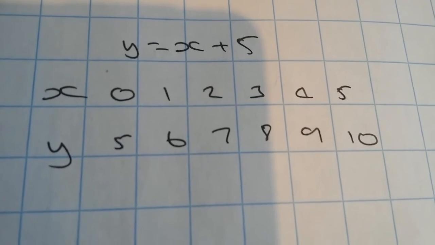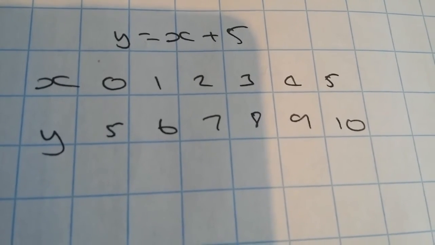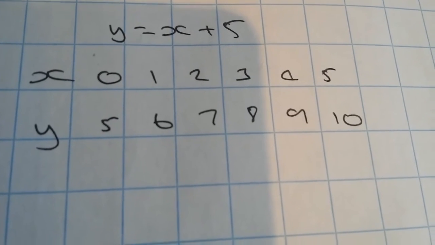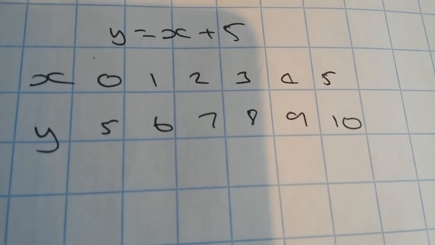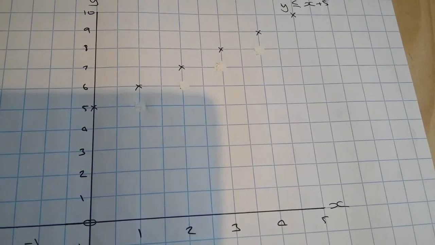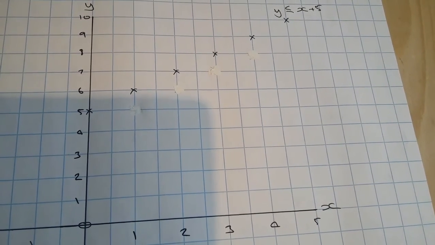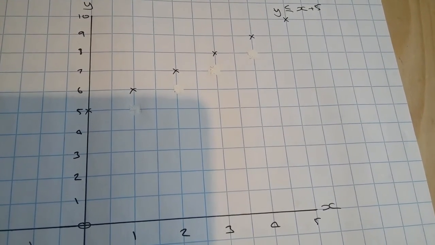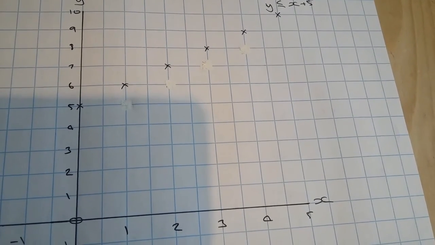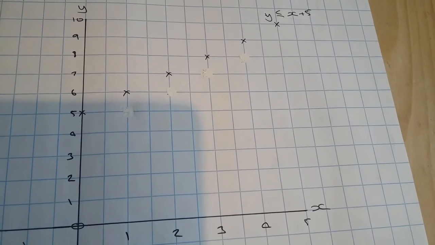The question gave me the inequality that y was less than or equal to x plus 5, so I just work out the points for the equation y equals x plus 5, and it gives me those there. You can then plot those points on a graph, and then when you've got the points there, you draw the line that joins them up. It's going to be a solid line because it was a less than or equal to.